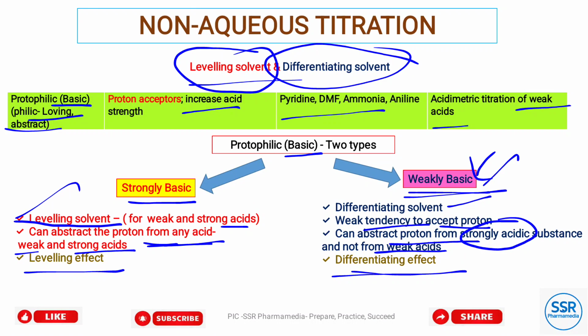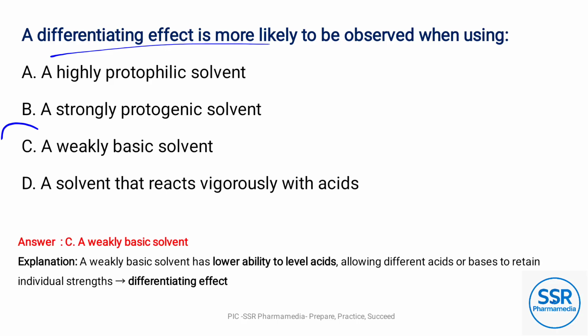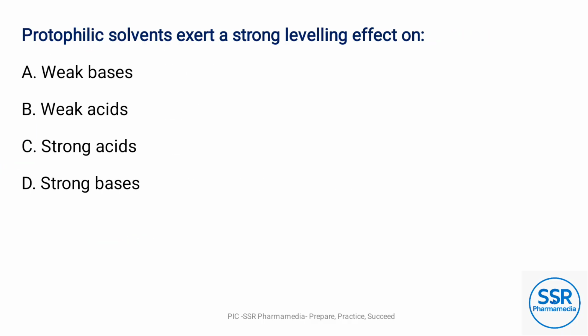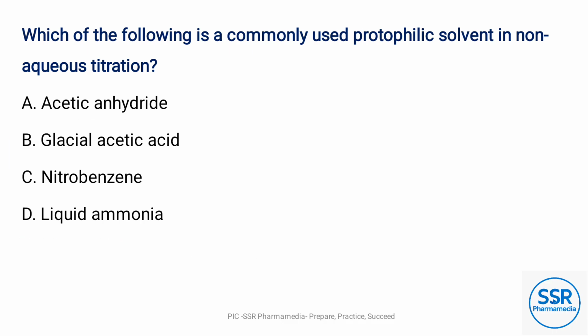Here, it accepts from only one side. A differentiating effect is more likely to be observed when using option C, a weakly basic solvent. Protophilic solvents exert a strong leveling effect on option C, strong acid.